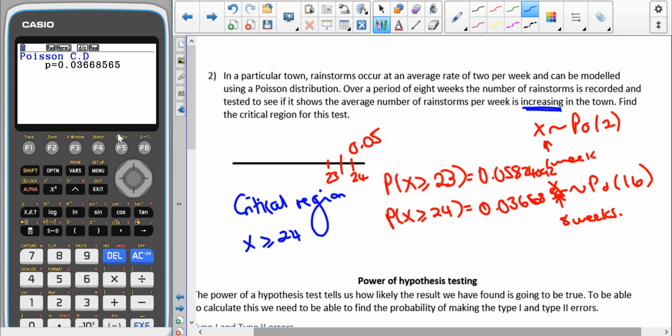So please be careful with that, and you have to show this working like I have on all these questions, showing the last value that's in the accept H0 region and then the first value that's in the critical region, because that is going to be the critical value when you stop accepting and start rejecting your H0.